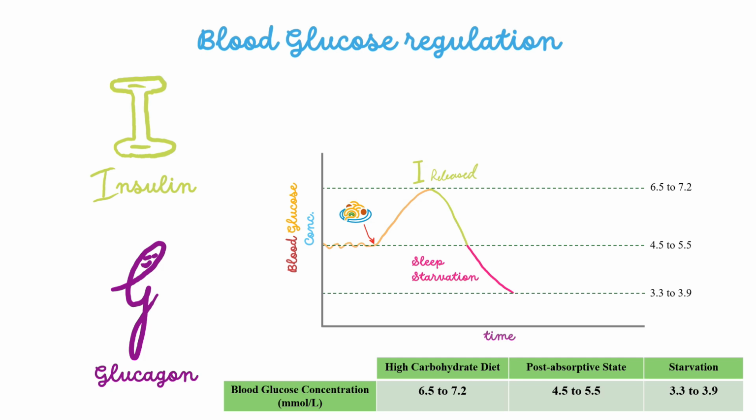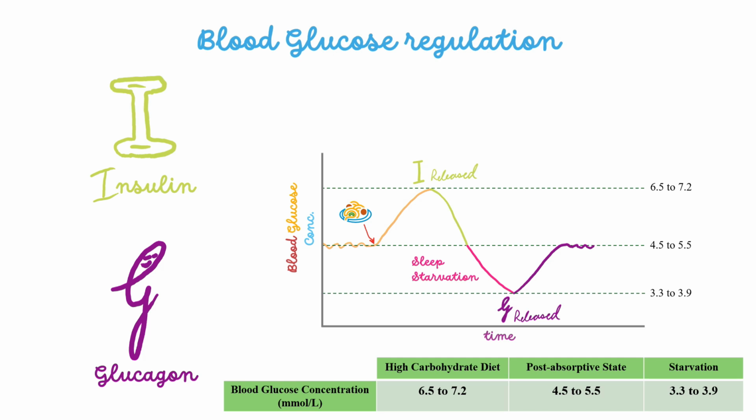Once the blood glucose level drops to a certain limit, glucagon is produced from the pancreas, which will result in the production of glucose from glycogen reserves in the muscles and liver, and that will result in increased blood glucose level. So that's how our blood glucose level is maintained throughout the time.